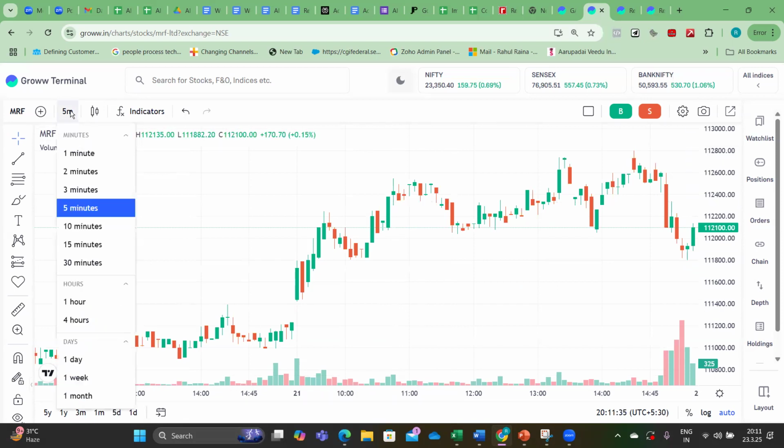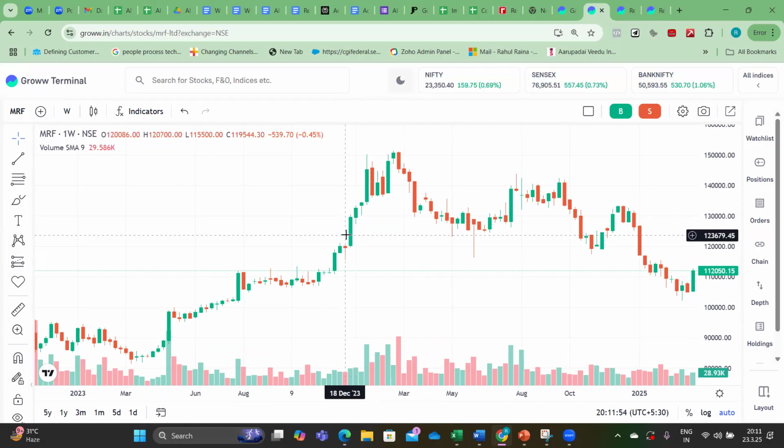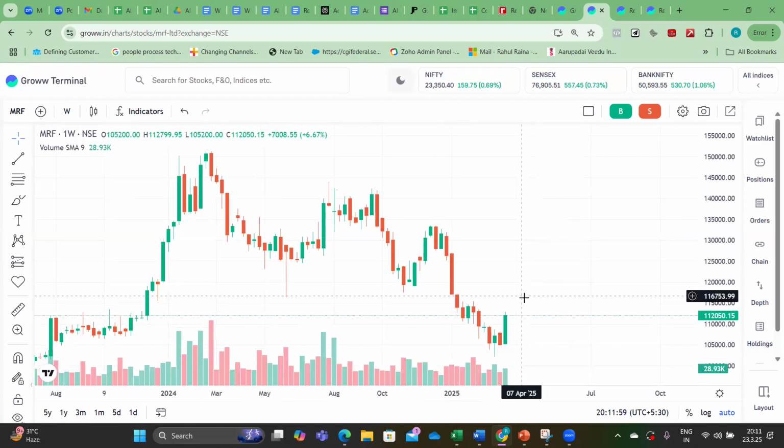So you can choose whatever time frame you are looking at. You can even make it a weekly chart. When I say weekly, each candle represents 1 week. So if you see here, in this particular week, 17th March 25, the open was 105200.